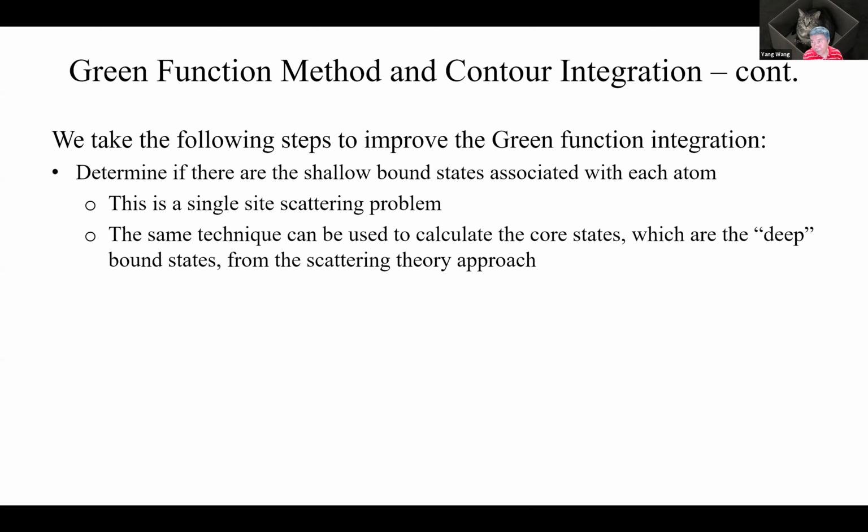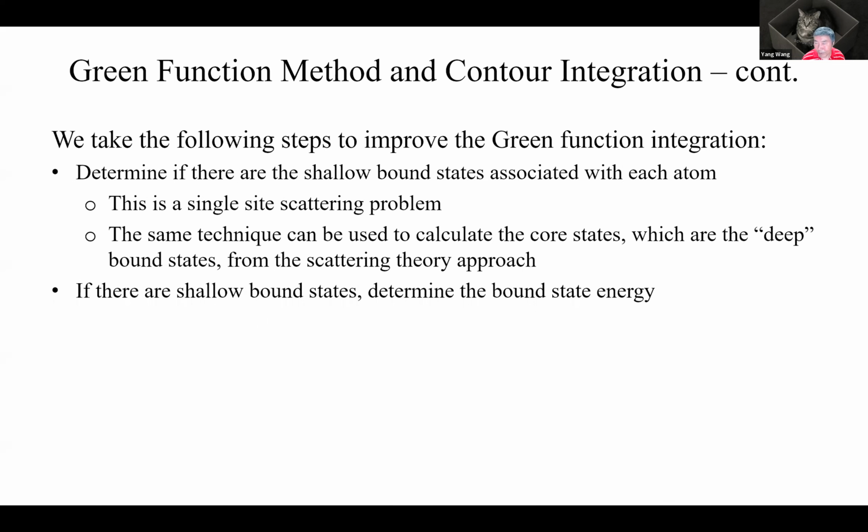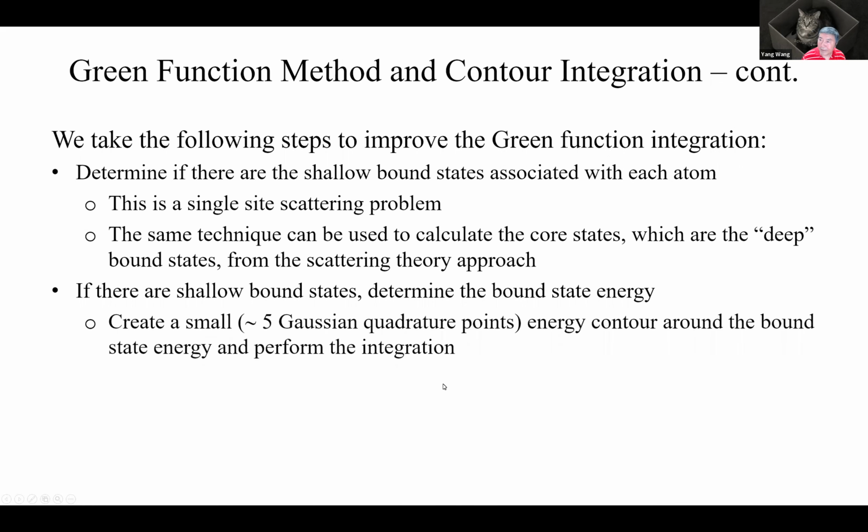We have done that for the core states, and surely we can do that for this part of the energy region. All we have to do is figure out where the bound state is. If there are bound states, determine the bound state energy. Then, knowing where it is, you draw a little contour around it. It takes only a few energy points along that to get the integration of the single site Green function done.